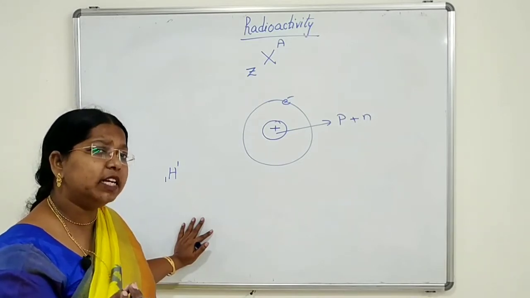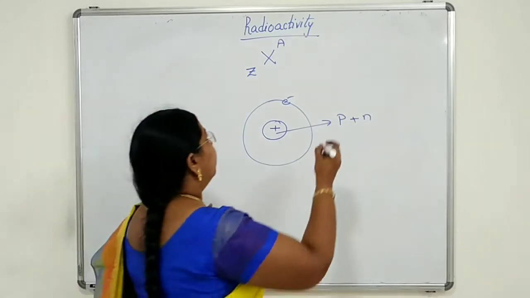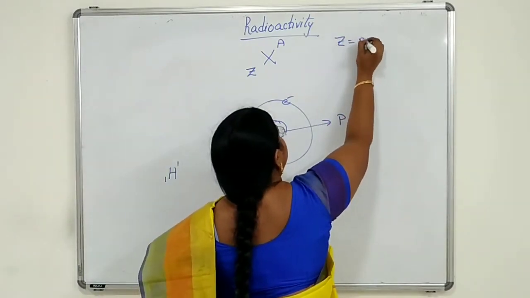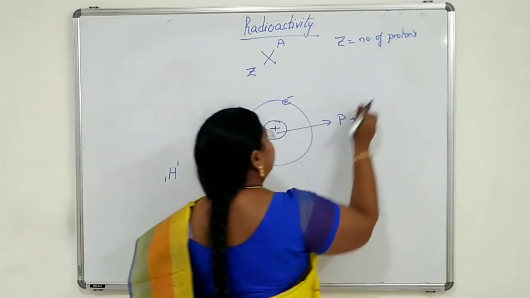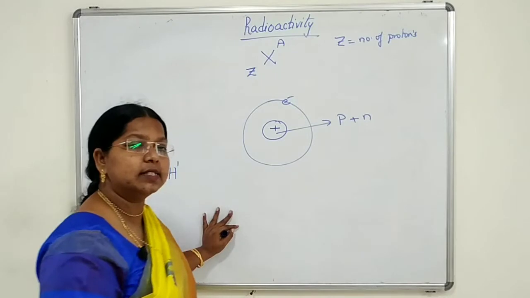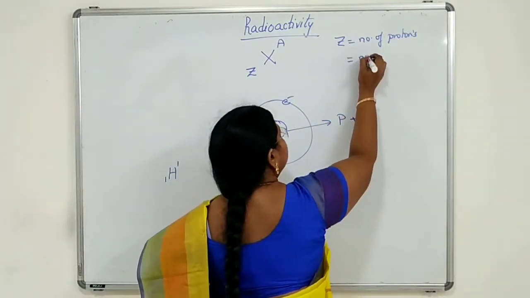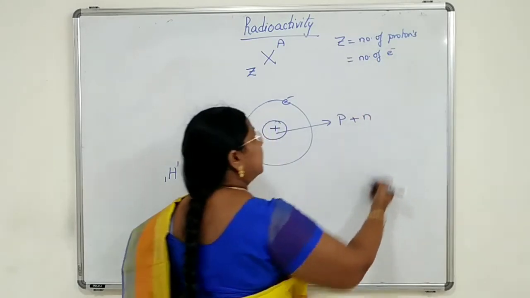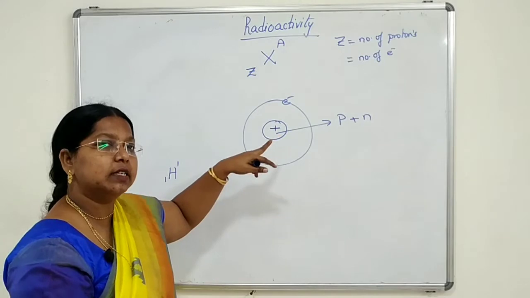We know that all the elements are arranged in the periodic table according to atomic number, right? So this atomic number is equal to the number of protons present in the nucleus, which is also equal to the number of electrons revolving around the nucleus in an orbit.